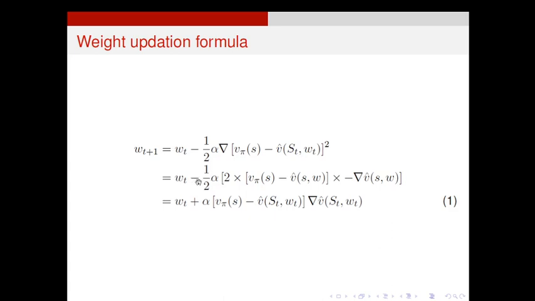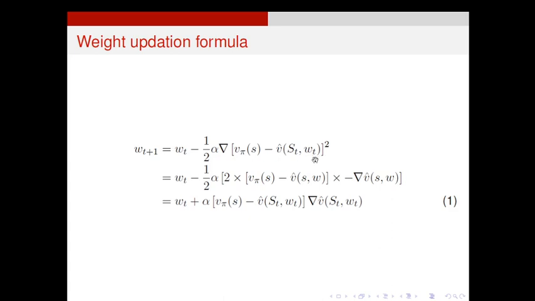So we get W t minus half into alpha into 2 times v pi of s minus v hat of s t comma w t, into the derivative of the expression in the argument. The derivative of this expression means the derivative of the first term minus the derivative of the second term. V pi of s is constant for a state s, so its derivative is 0. So 0 minus del of this expression.